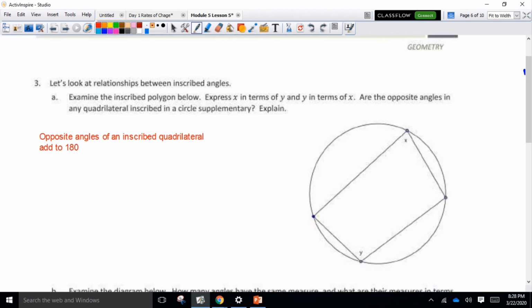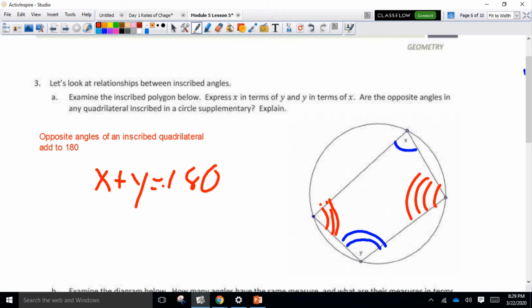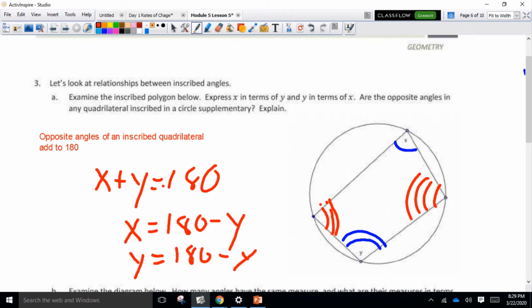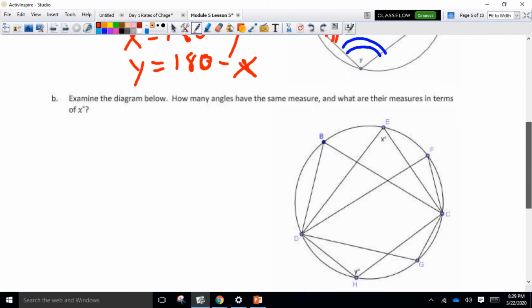So that means opposite angles. This guy and this guy add to 180. Okay, so we could say x plus y equals 180. So if I wanted to do x in terms of y, I would say x is 180 minus y. If I do y in terms of x, I would say 180 minus x. So they add to 180.